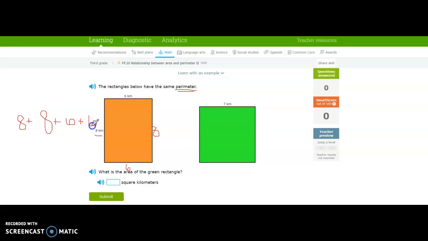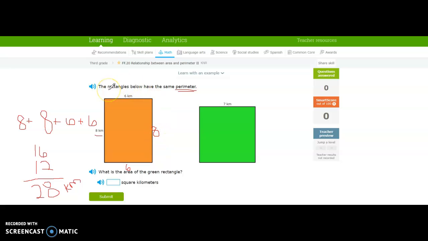Well, I know that 8 plus 8 is 16, and I know that 6 plus 6 is 12. So I know that the perimeter of this orange rectangle is going to be 28. Okay? But I'm not done. That's the perimeter of this orange rectangle.